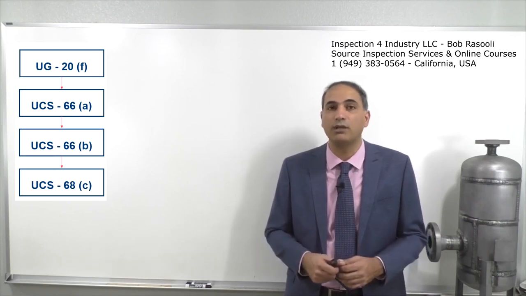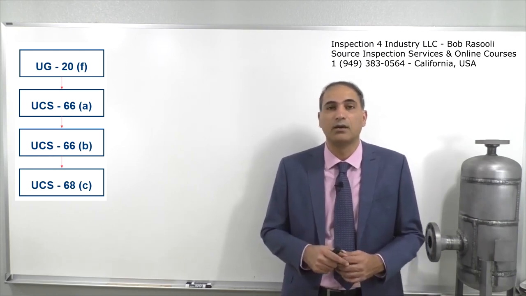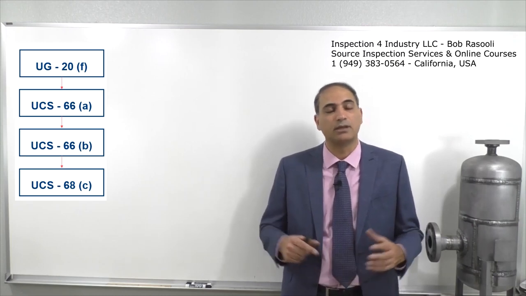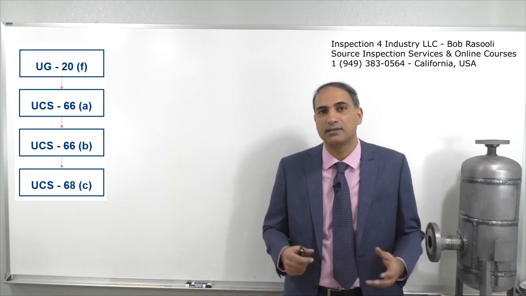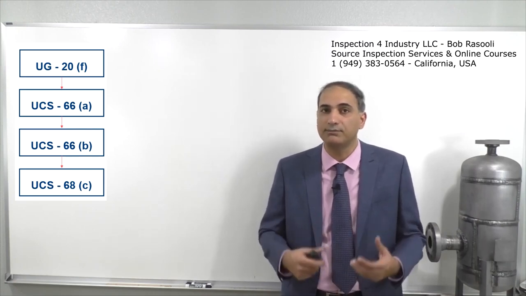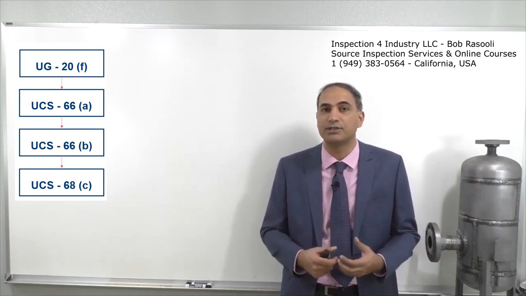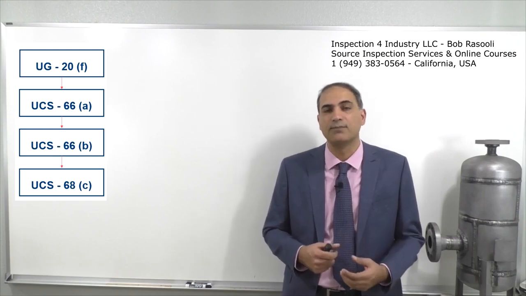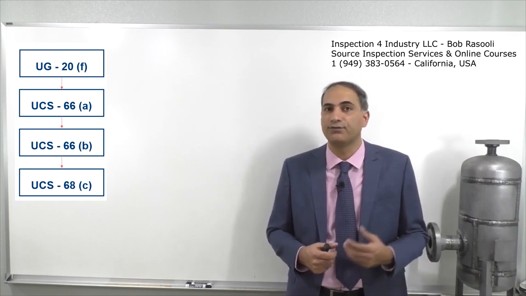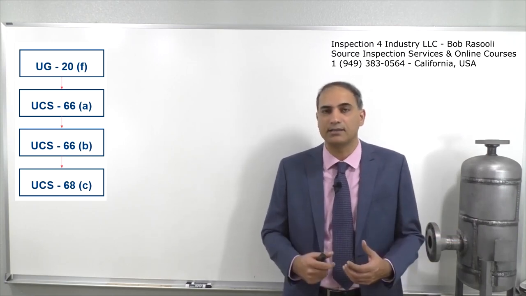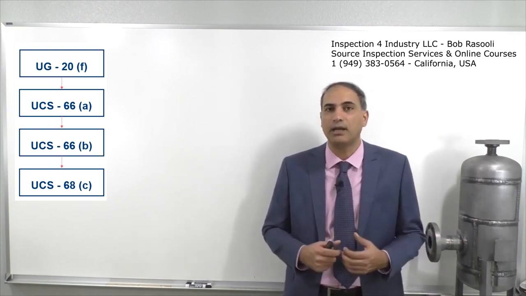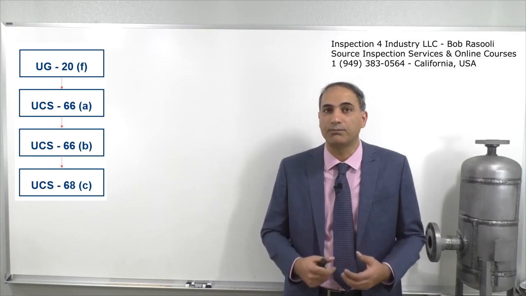Also, you have to qualify your WPS with the impact testing. We're going to discuss those things in ASME Section 9, but based on ASME Section 9, when you have a welding procedure, you qualify that welding procedure with 2 tension tests, 2 root bend tests, and 2 face bend tests. But if your pressure vessel is subjected to the impact testing, then your WPS also needs to be qualified by the impact testing.